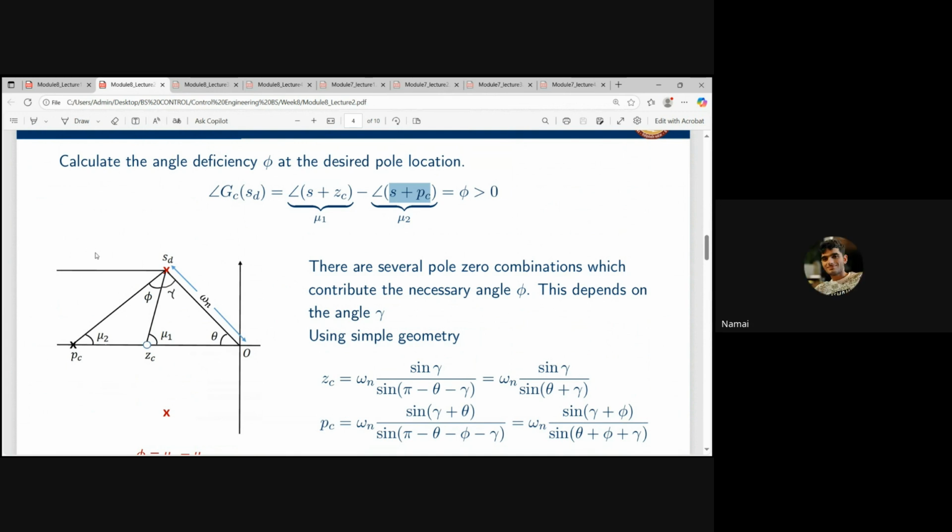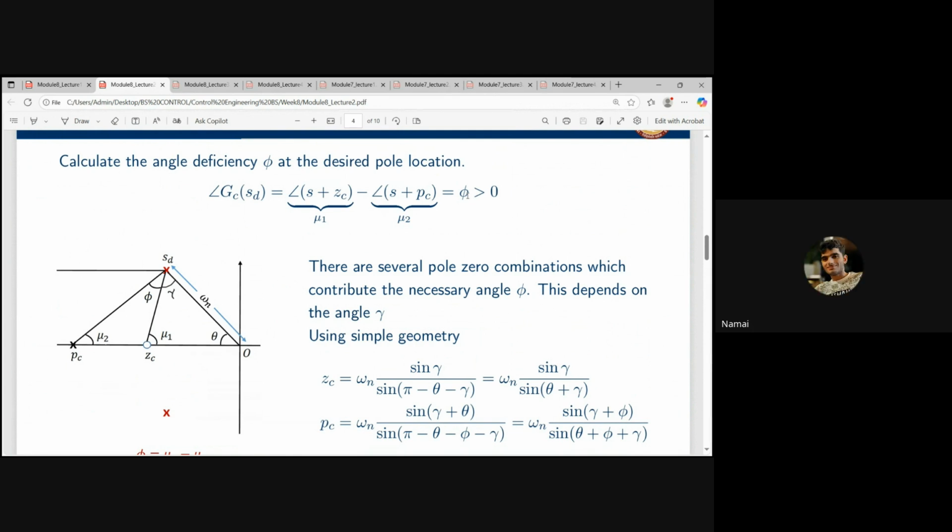Sir, the angle deficiency is calculated by subtracting it from 180, right? The angle of G plus angle of GC should add up to 180. You know the angle of G, which will be minus 170 or minus 160 or whatever. So the extra minus 20 will be the angle deficit phi that you see here.